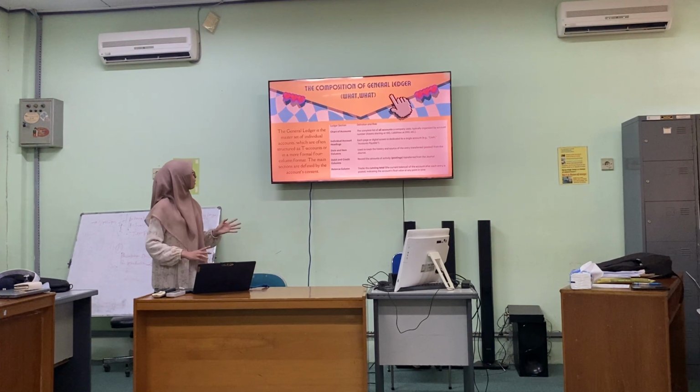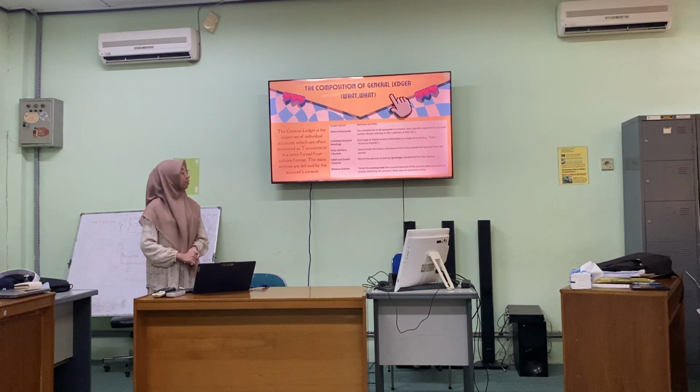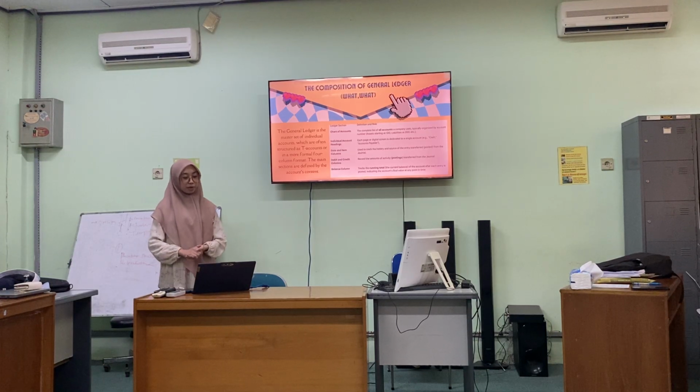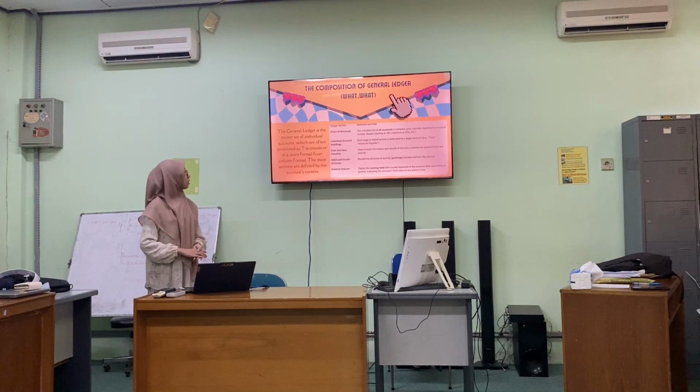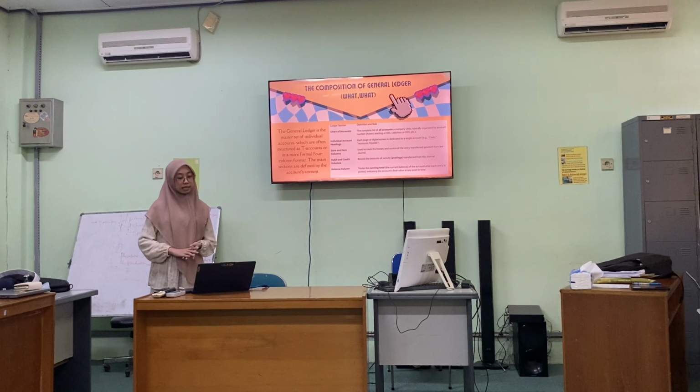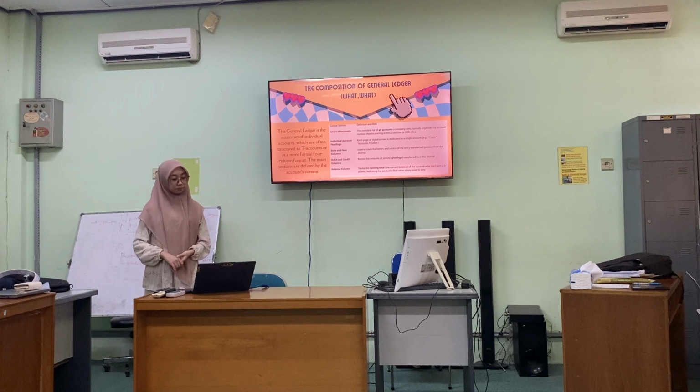And the next, individual account heading, where each page or digital screen is dedicated to a single account, like cash account and accounts payable. And next, there is date and item column, used to track the history and source of the entry transferred, posted from the journal.